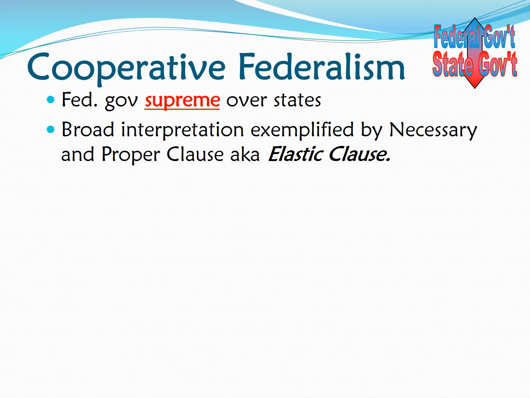And the states, in some cases, are dragged along kicking and screaming because although the states are willing to take that federal money, they often don't like the fact that the federal government seems to be interfering more in what were traditionally state affairs. So you start to see also an expansion of the necessary and proper clause or the elastic clause as Congress justifies expanding its power, especially in areas like Mr. Dabo mentioned with interstate commerce. We see it in particular, but we'll look at some other examples as well.